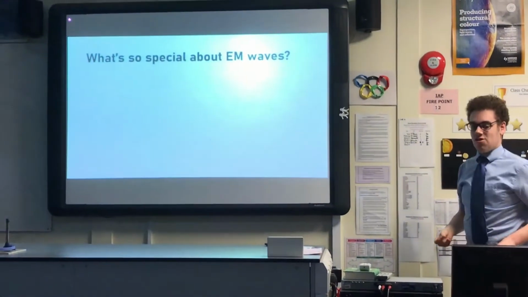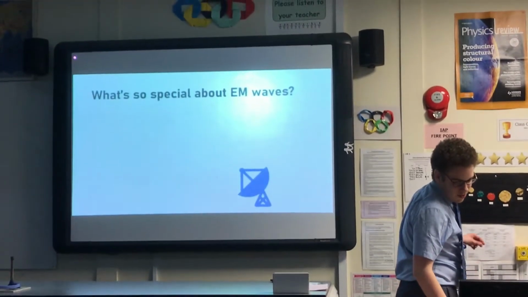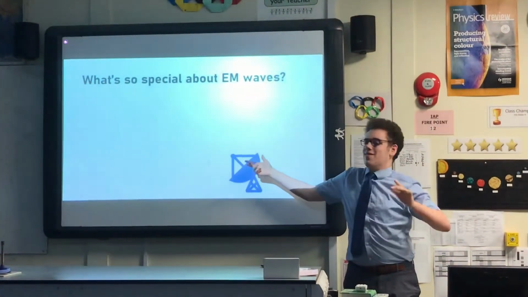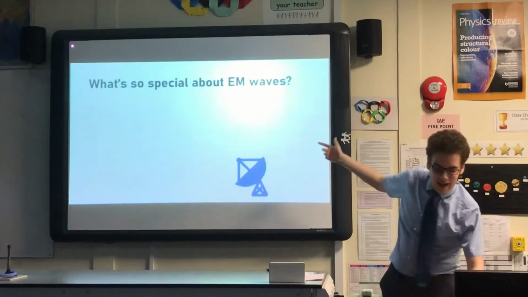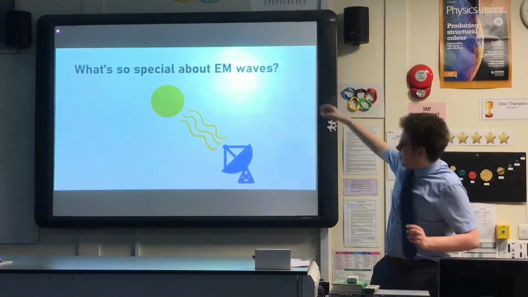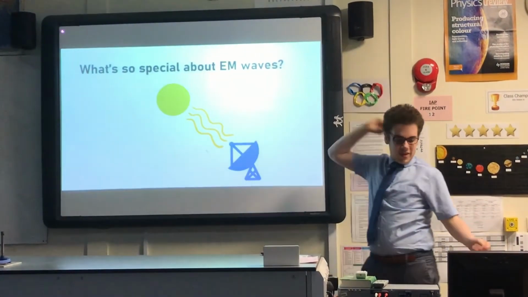So what's so special about electromagnetic waves? Let's say we have our telescope here. Okay, this is a radio telescope. Now we're going to point it at a star, and we pick up some radiation from a distant star.